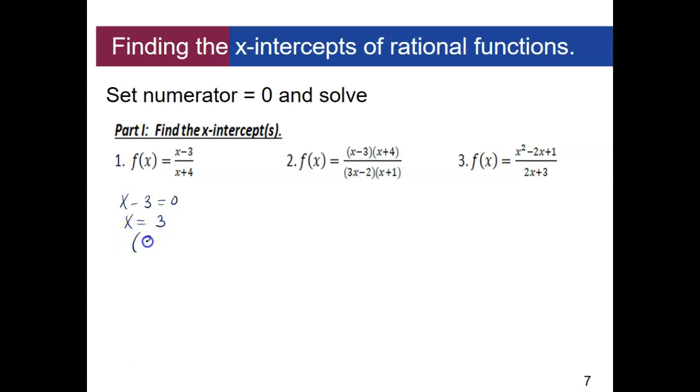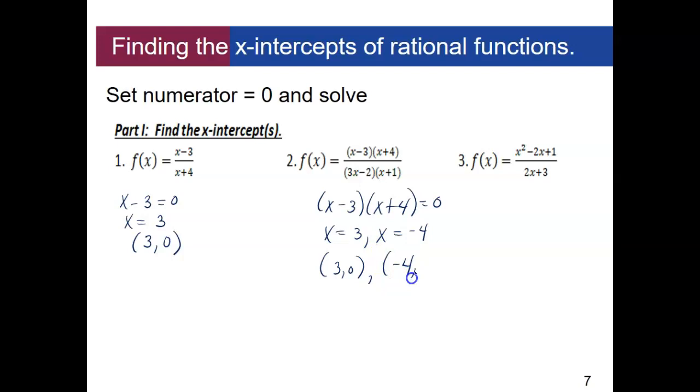So it would be the point (3, 0). That's where it's crossing the x-axis. This one is in its factored form, so we're just going to take each of the factors and set those equal to 0. So I'm going to get 3 and also negative 4. So my points would be (3, 0) and (negative 4, 0), so I would have two x-intercepts for this one.